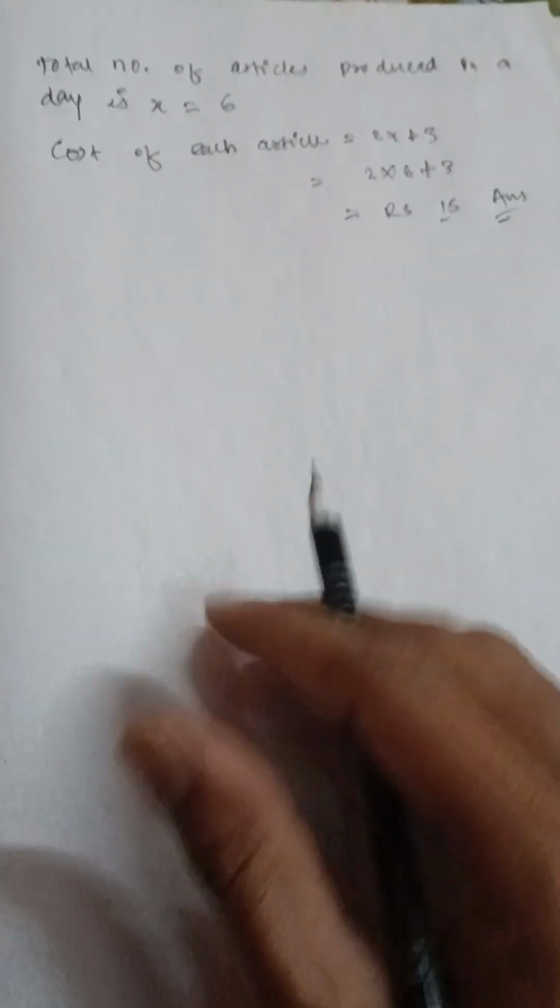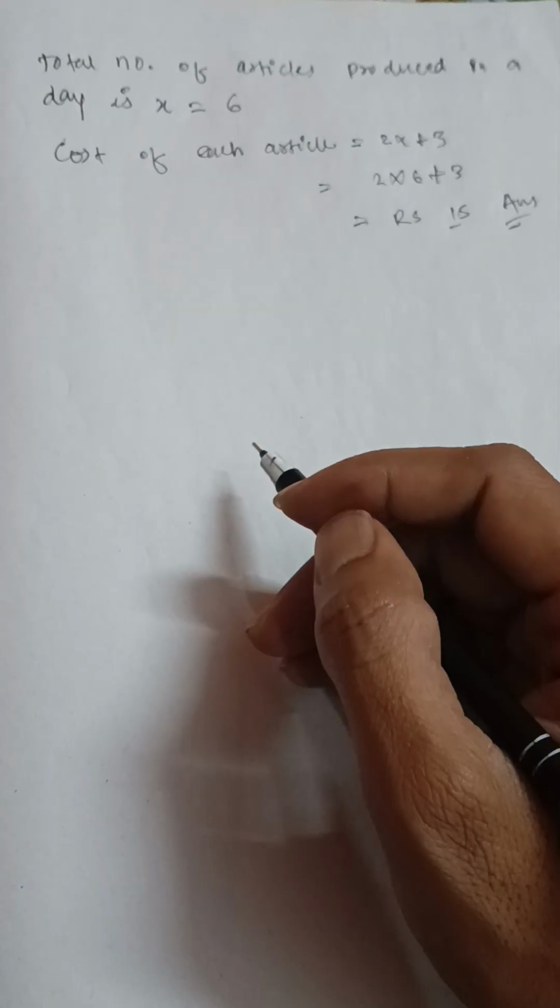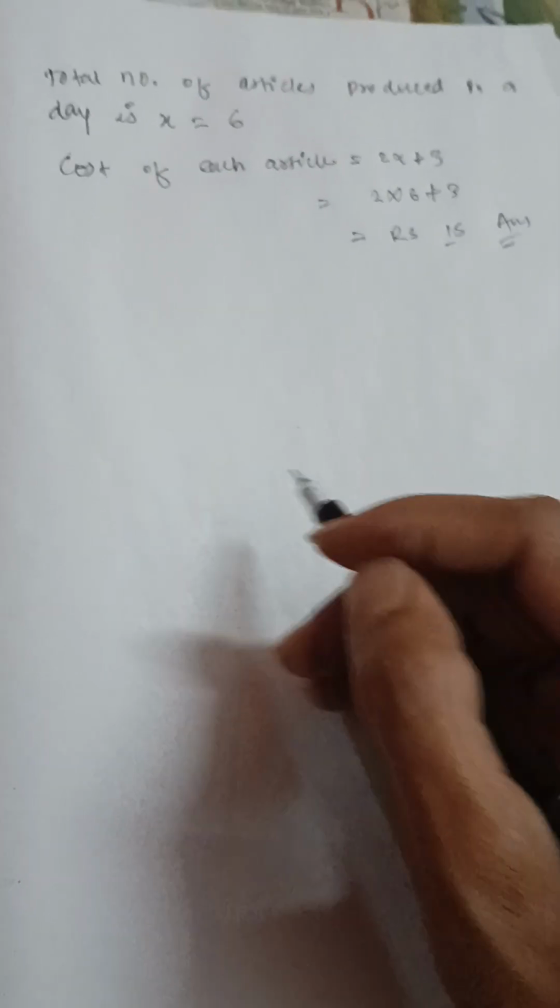This is the answer. x equal to 6 and the cost of each article is Rs 15.